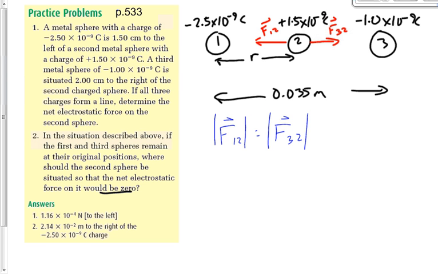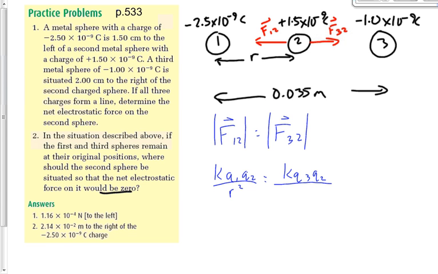Okay. Good? Okay, so the force of 1 on 2 is going to be K, Q1, Q2 over R squared. The force of 3 on 2 is going to be K, Q3, Q2 over... R? No, it's not R. What's the distance between 2 and 3?